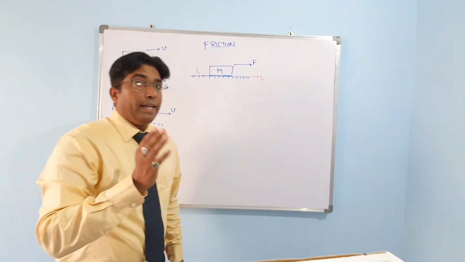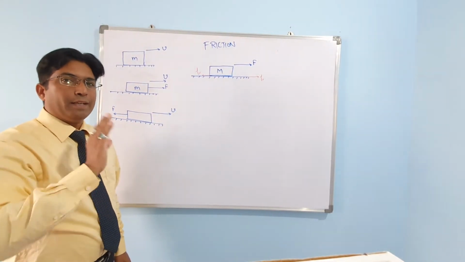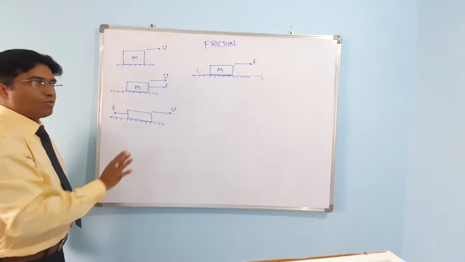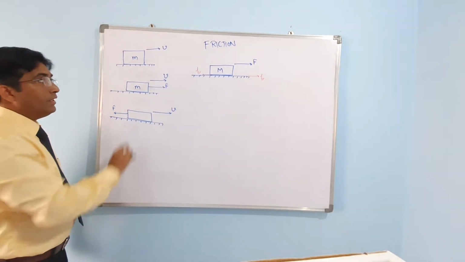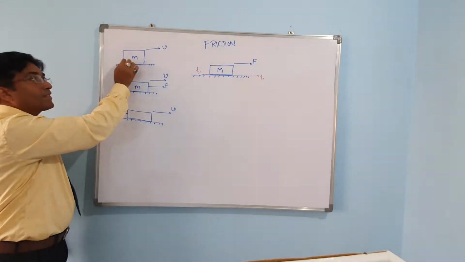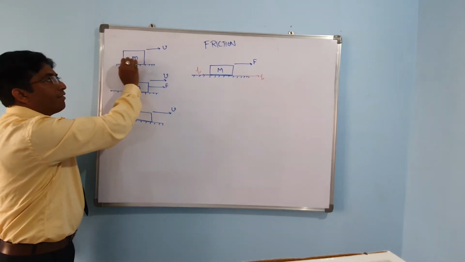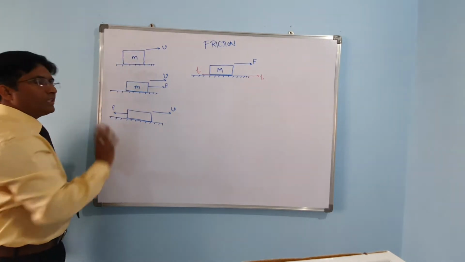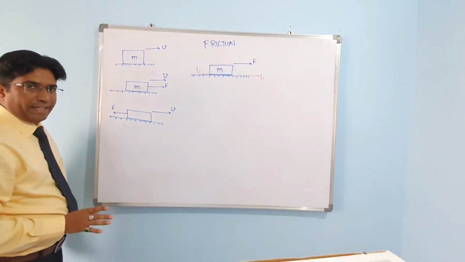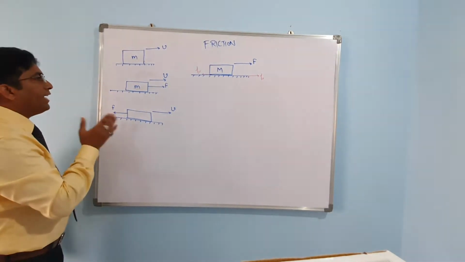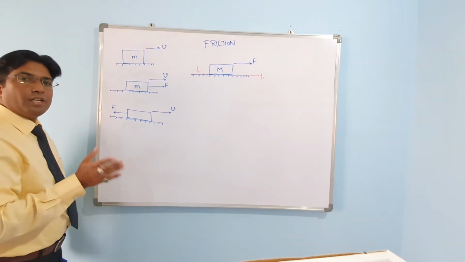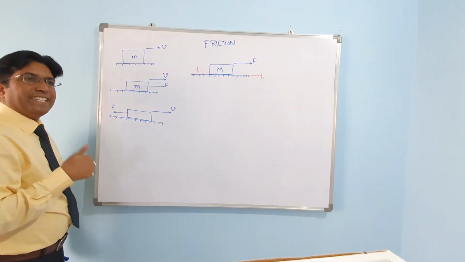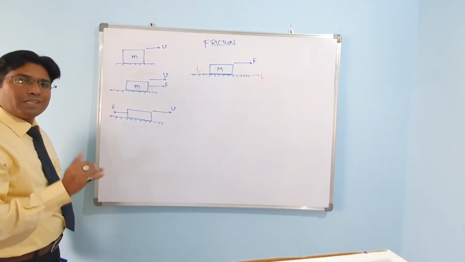If there is a motion already taking place, in all the three cases the block is moving to the right, so the lower surface is going to have the slipping in the right direction. In all three cases friction must be acting, it is kinetic in nature, and should be in the direction opposite to the direction in which there is a slipping or sliding.